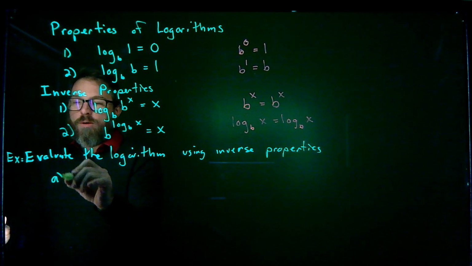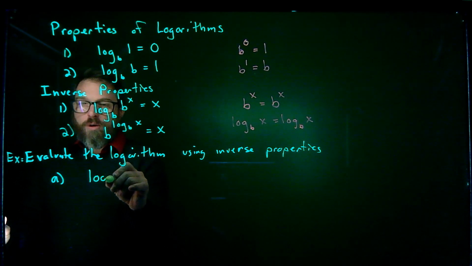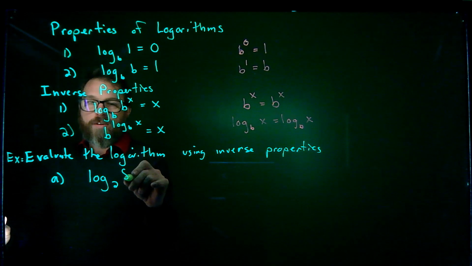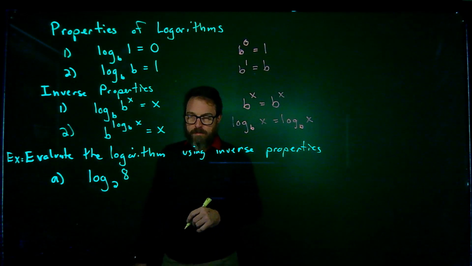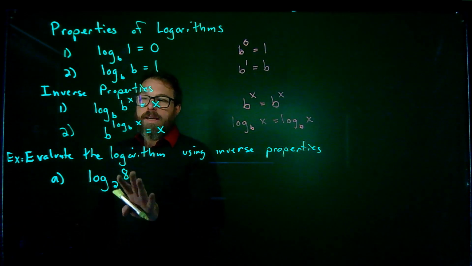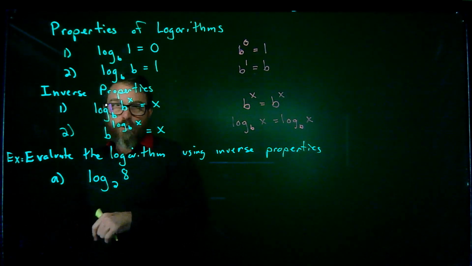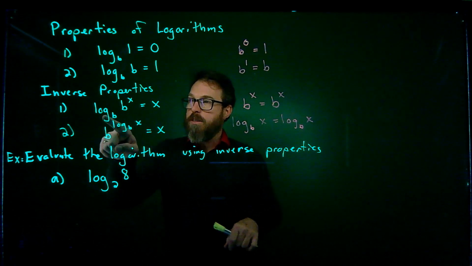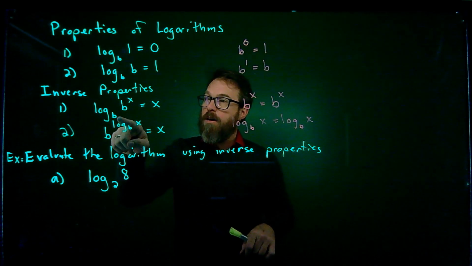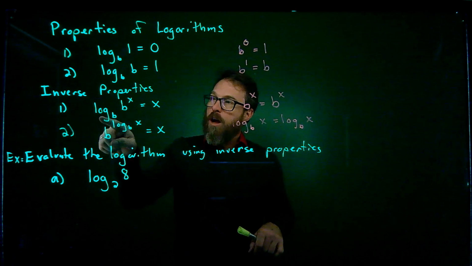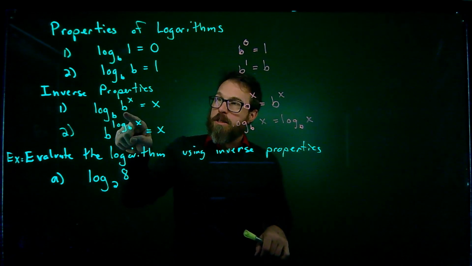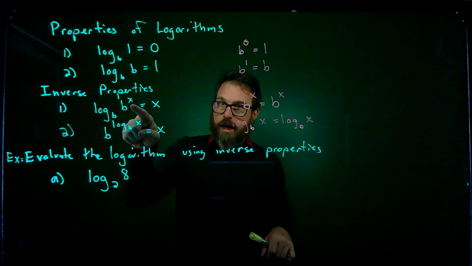So, what about the log base 2 of 8, for instance? Well, I can evaluate this because I know I can write 8 as 2 to a power. As long as I have the log base b of b to a power, the log base b is going to annihilate this exponential base b, so we're just going to get its exponent back.